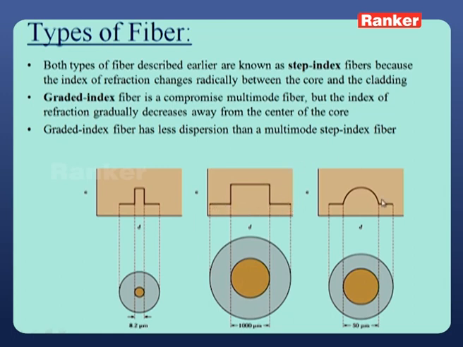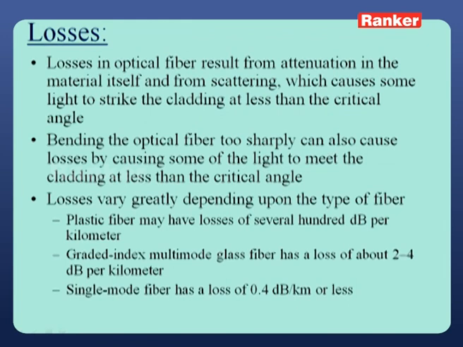But for graded index fiber, the core refractive index gradually increases toward the center and then decreases toward the boundary. This is the variation of the refractive index for the core. If you are transmitting multi-mode signals, that is a number of signals, in a graded index fiber, then the dispersion will be a little less compared with the step index fiber. So what are the different losses which can be observed in our optical fiber cables?